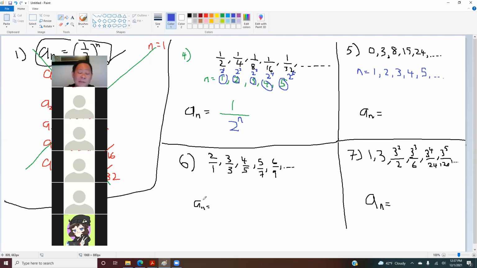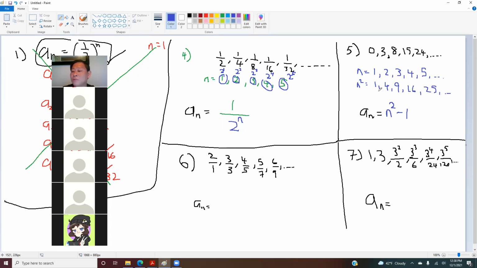Let's take a look at number 6. N squared minus 1. Yes, this is n squared minus 1. Thank you, Logan. So that means if you square this, this will become 1, 4, 9, 16, and 25.